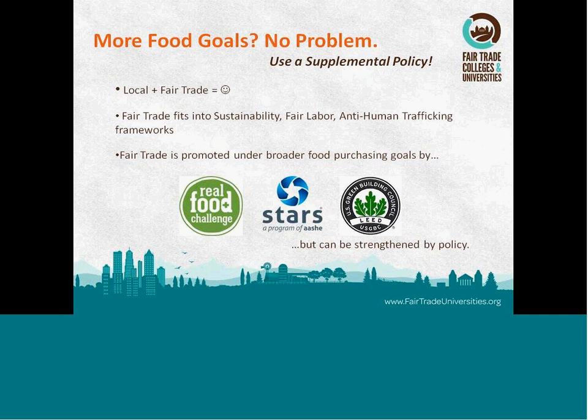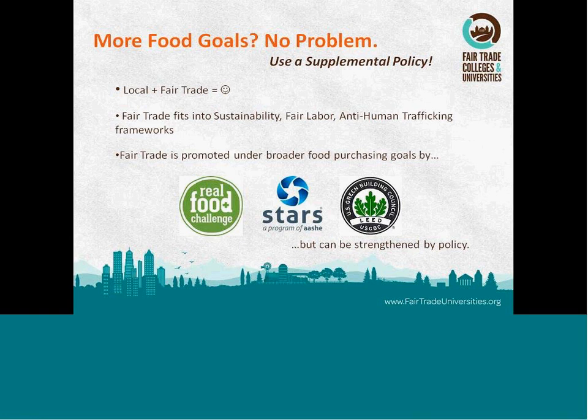So the model policy can give you a sense of the language that you might need to put into practice on your campus, and we hope that you will use it, you'll adapt it to your own needs. But some campuses already have other parallel efforts going on about food purchasing, maybe it's local food purchasing, sustainable purchasing or sustainable action in general.